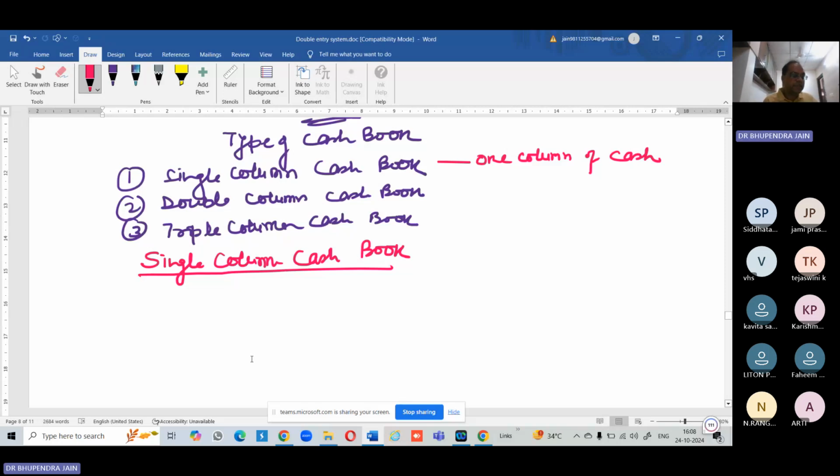All cash receipts are recorded on the debit side and all cash payments on the credit side. Debit side is payment received and credit side is amount paid. There is only one column of amount and such column is a cash amount.